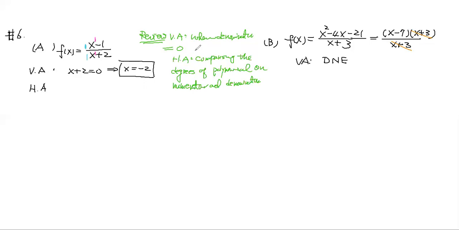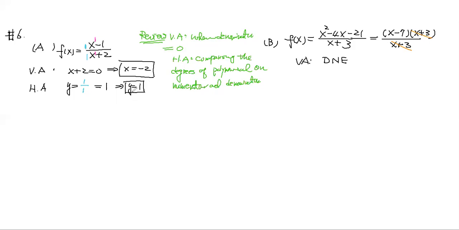So the horizontal asymptote will be y equal to the leading coefficients 1 over 1, so that will be equal to 1. So y equal to 1 is my horizontal asymptote here.